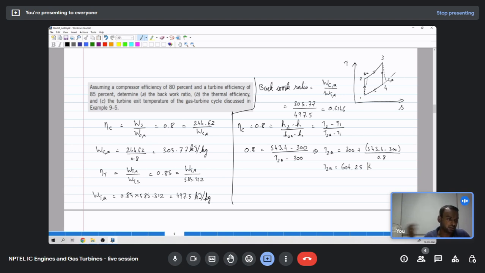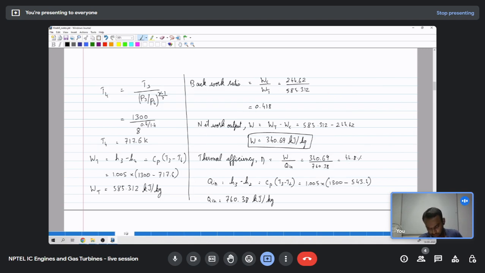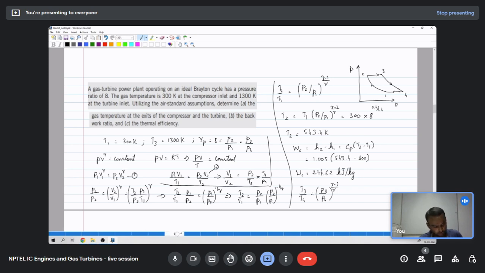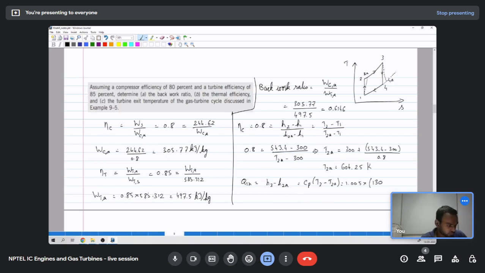That means the heat that has to be added will also reduce. Q in equals H3 minus H2A. This is Cp into T3 minus T2A. That is 1.005 into T3, which is 1300 Kelvin, minus T2A, which is 604.25.